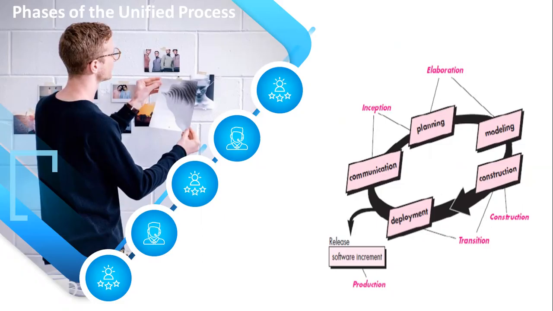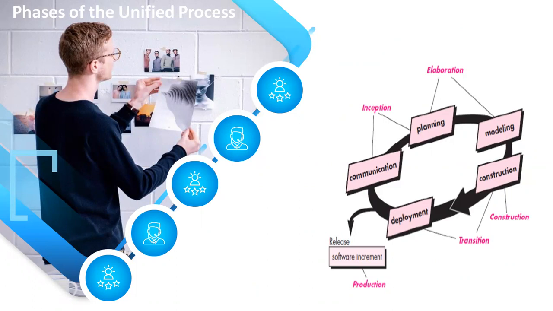So the unified process is an incremental software process that is architecture driven, which focuses on mitigating risk and drives development through use cases. Since it is architecture driven, early iterations focus on building the portions of the software that will define the software's overall architecture.